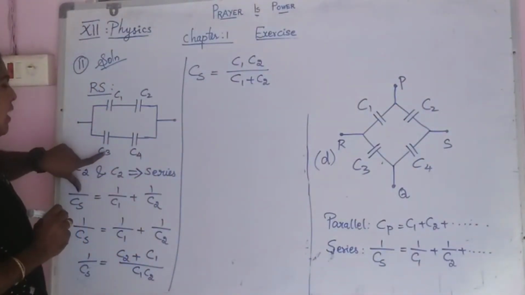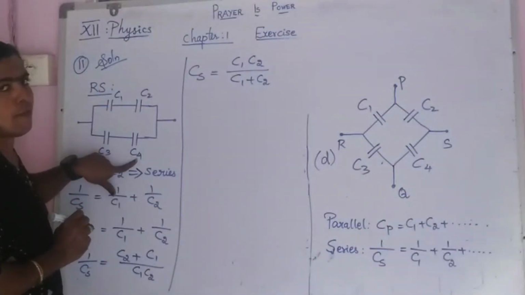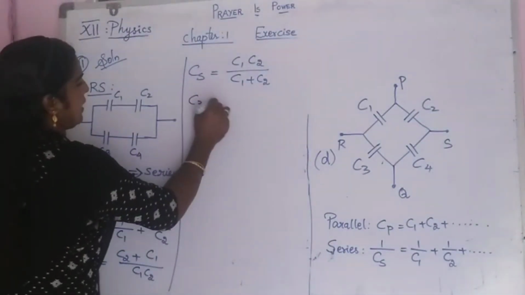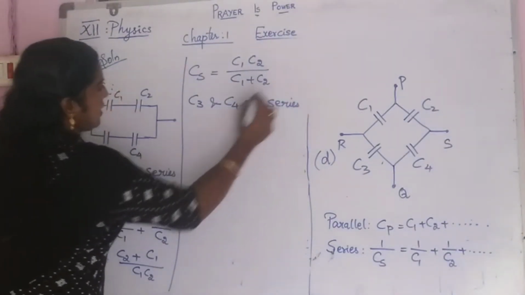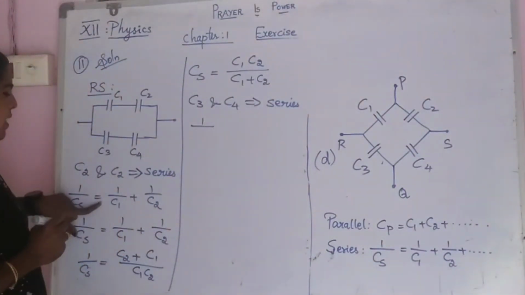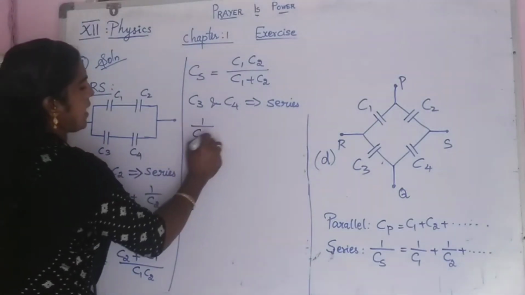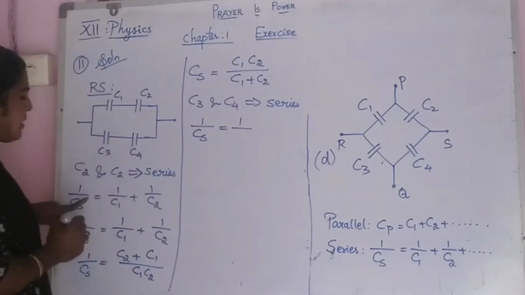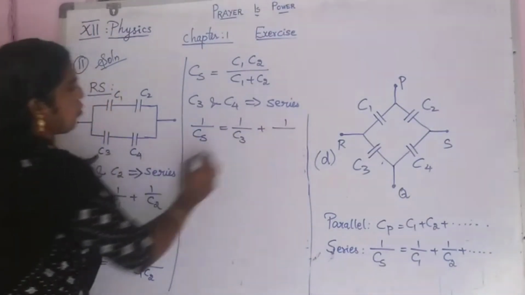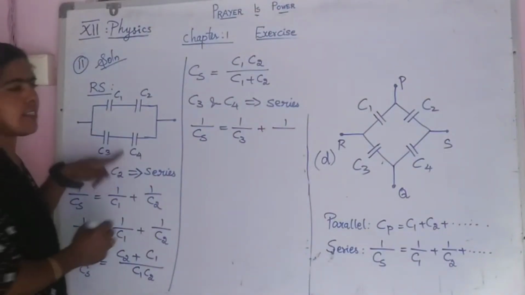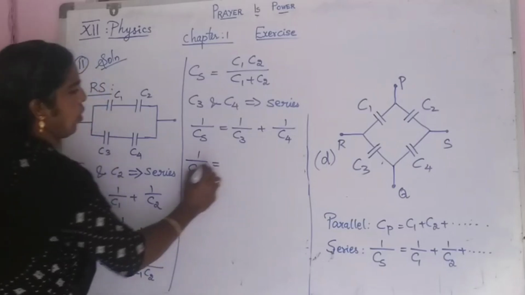Next we are using the capacitors C3 and C4, which are in series. The same formula: 1 by Cs is equal to 1 by C1 plus 1 by C2, where the values are C3 and C4.